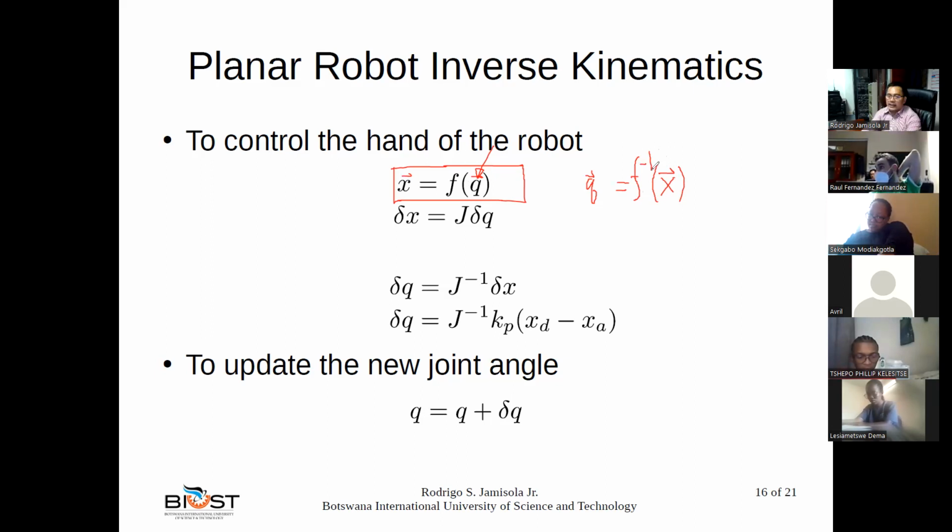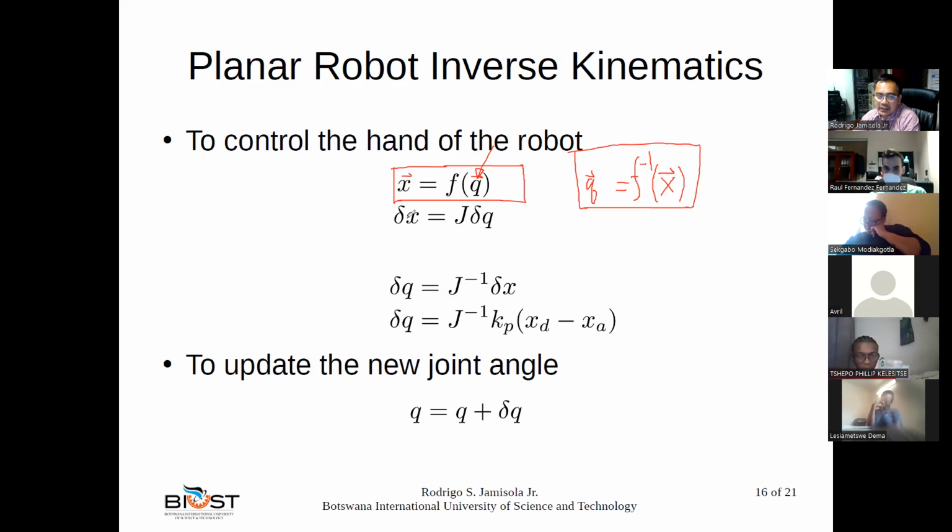But this is non-linear, so we don't like that. There's a way to go about it: instead of the non-linear inverse function, we can linearize things so that the inverse becomes linear. To do that, we need to consider the velocity level.